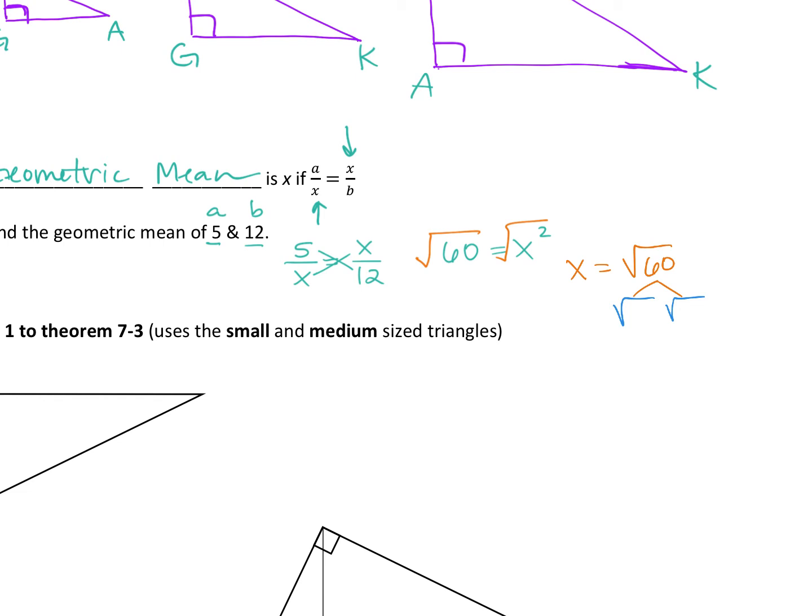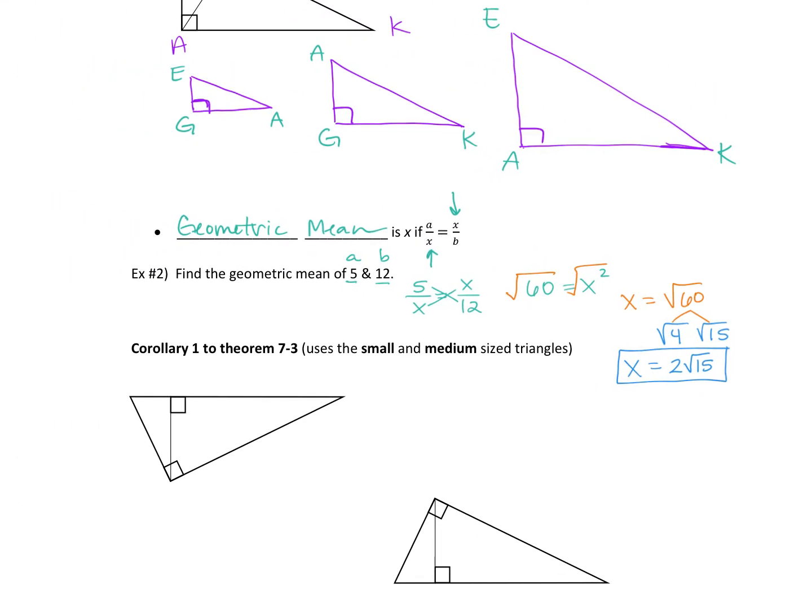This one only has one. 4, yeah. 4 times 15 is 60, so X is what? 2 rad 15. Okay, so when they ask you what the geometric mean of 5 and 12 is, it's 2 rad 15. Okay, you're basically taking an average-ish in a geometric way of the 2 sides of a triangle.